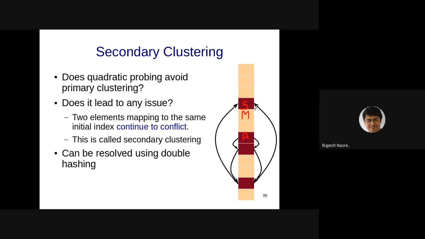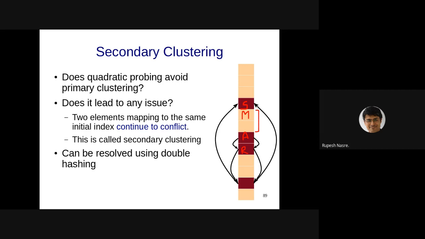Because there were two holes between these two entries, Mrityunjay could find that entry easily. Similarly, Rupesh can be inserted here. So ignore those colors, I'm just using the gap. Because of this, when I'm searching for elements, my efficiency is going to increase if I leave these gaps, which was not possible in linear probing. And that is where you get an advantage, because you are leaving those holes in the case of quadratic probing.